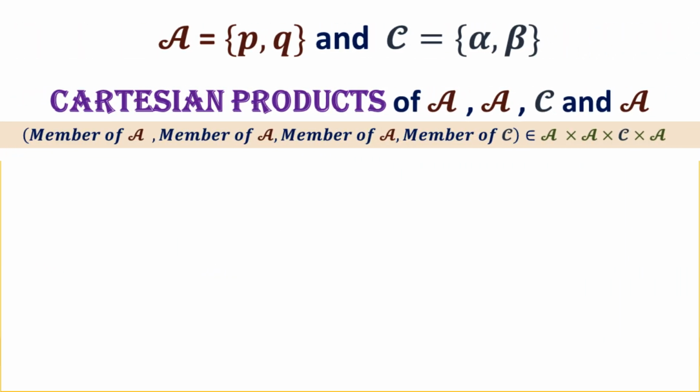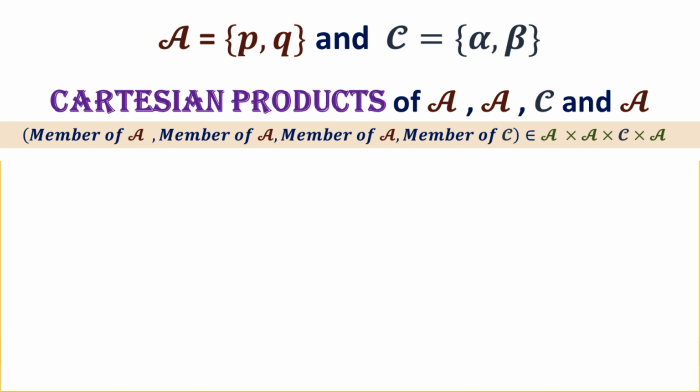The Cartesian product of the 4 sets A, A, C, and A is denoted by A cross A cross C cross A. And each member of A cross A cross C cross A is a 4-tuple.